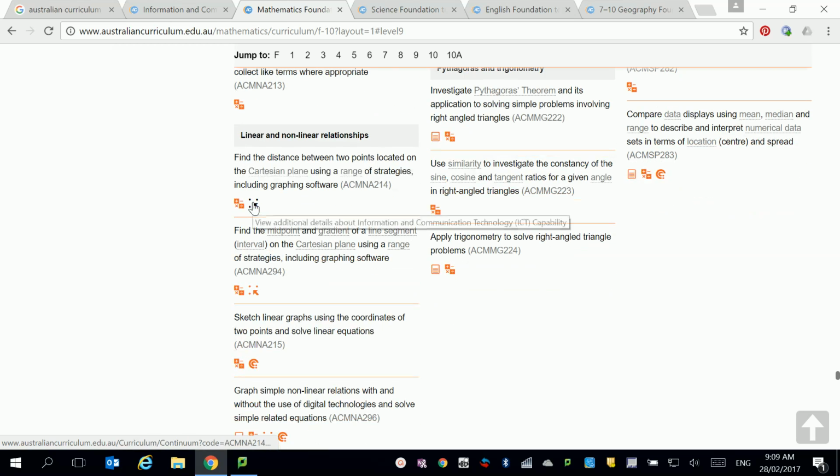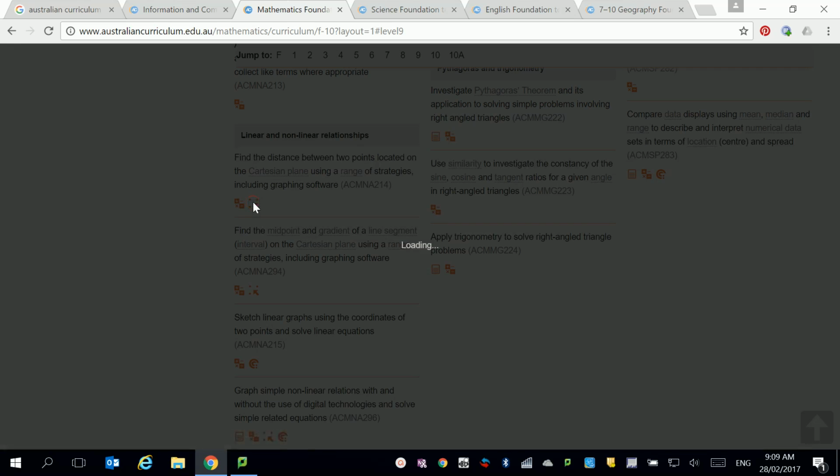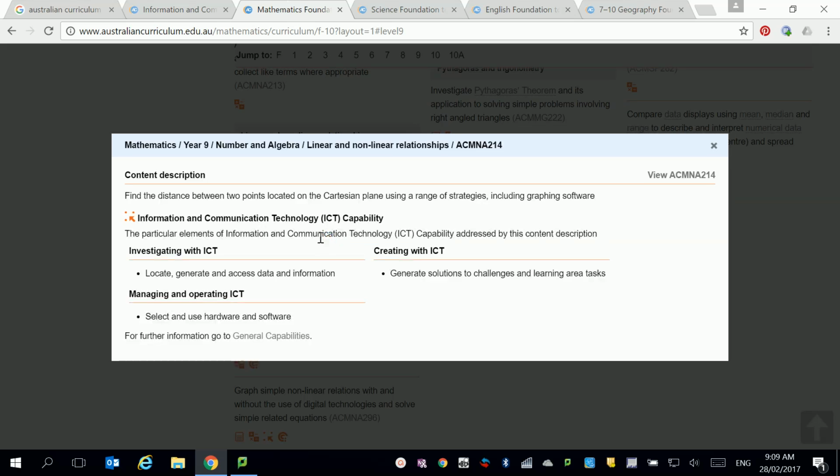So for instance, if I look at linear and non-linear relationships, you can see here that this covers investigating and creating with ICTs, and what is the skill? Students can locate, generate and access data, and they can generate solutions to challenge and learning area tasks.